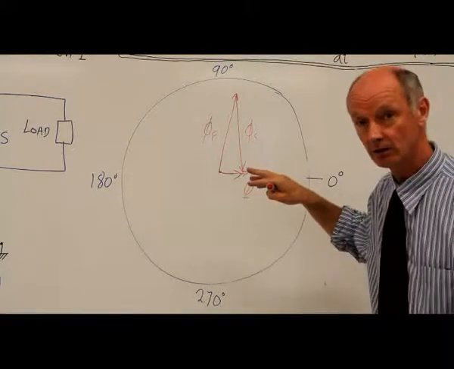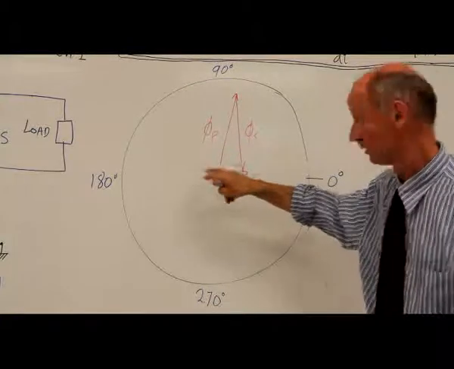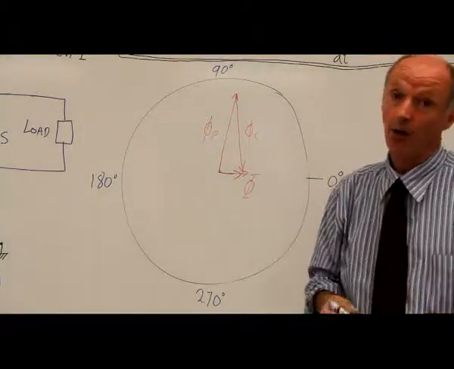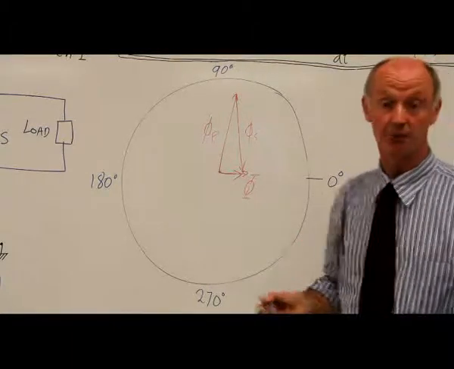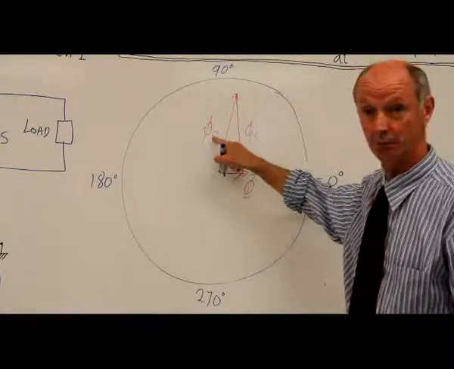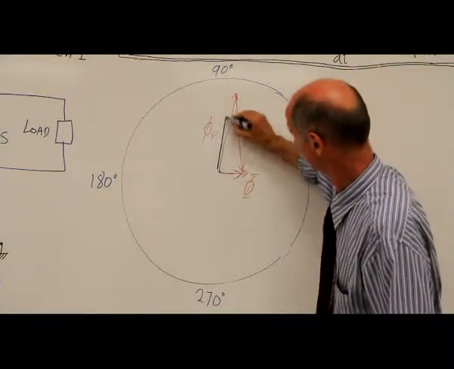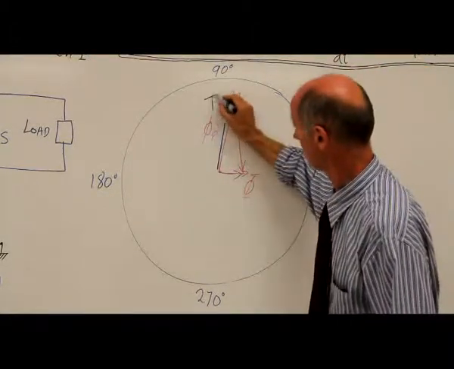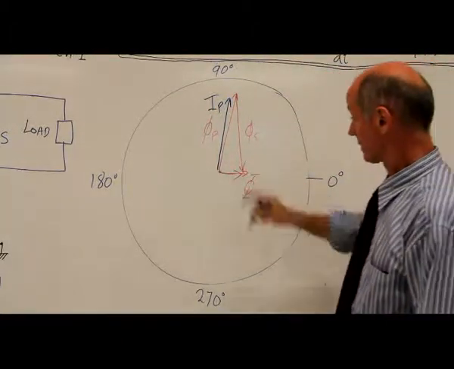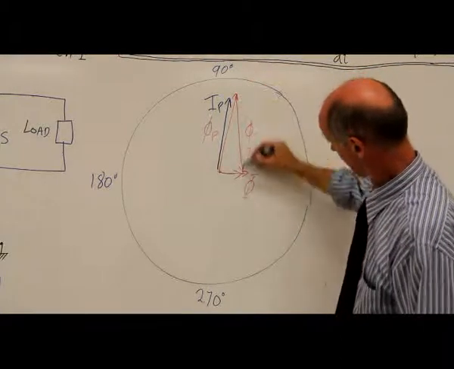What does that mean about the primary current and the secondary current? Well, the primary current is going to be in phase with the component of phi produced by the primary coil. And there it is. There is IP, up there. But the secondary current is going to be parallel to this vector.